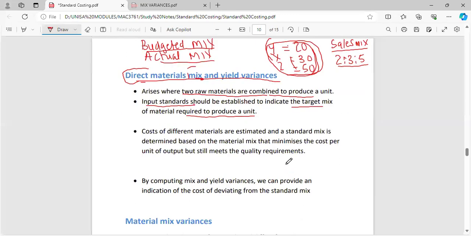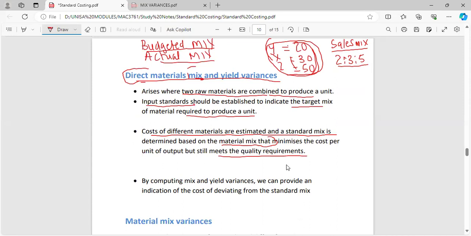Right? Then the cost of different materials is estimated, and a standard mix is determined based on the material mix that minimizes the cost per unit of output but still meets the quality requirement. So in your mix now, you will see you have determined this standard.